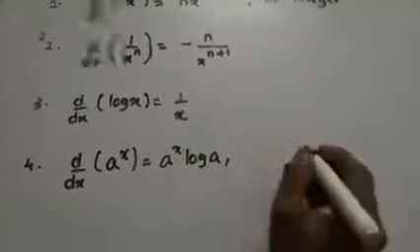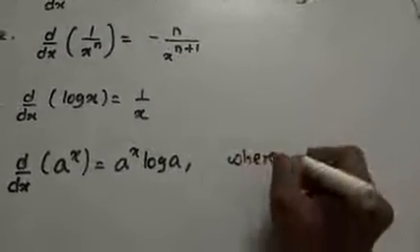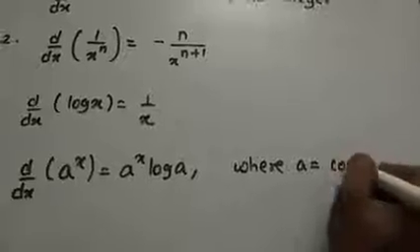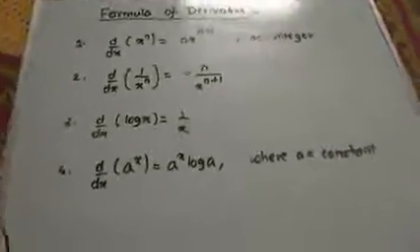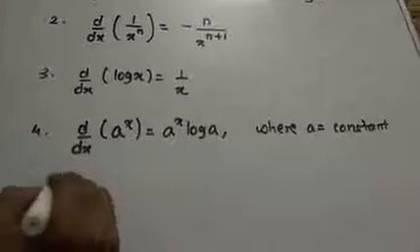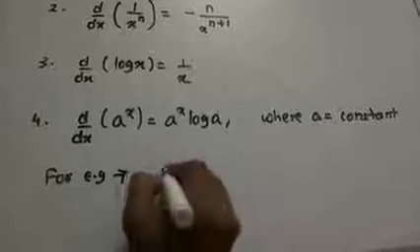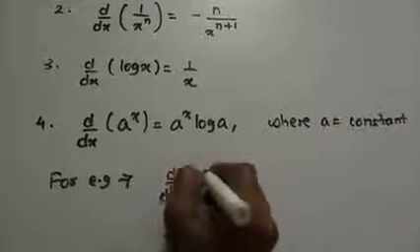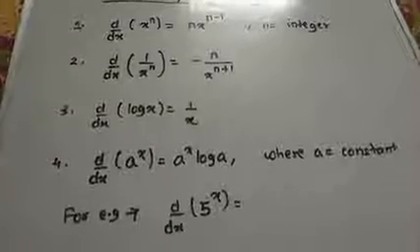Remember one thing here, the most important thing, that is a, where a is a constant. Constant means any number. So for example, d dx of, suppose, 5 to the power x.